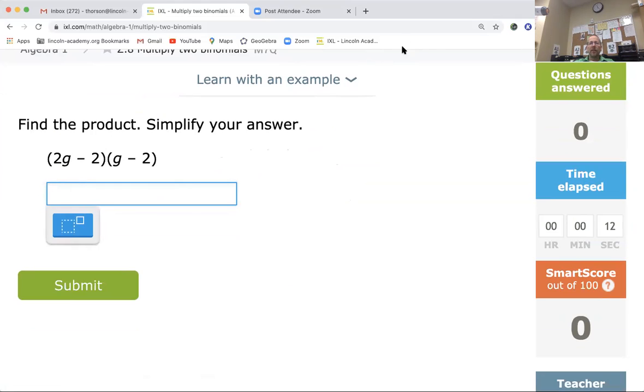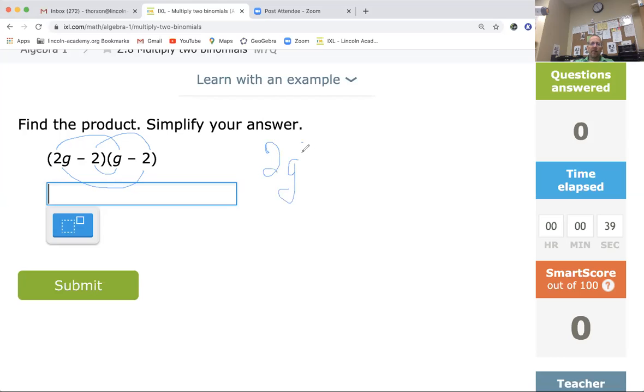Yeah, where you take the first term. Yep, exactly. First times first, first times last, or that's the outer. Last times first, or the inner, and then the last times the last. So you get those three terms. You would get a 2g squared.